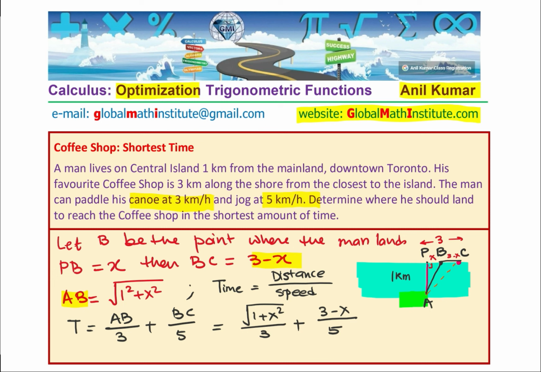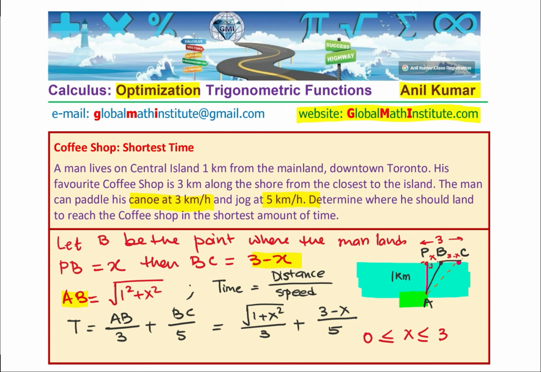Another important thing which you notice here is what could be the value of x? Well, x could be at P. At that time, x is 0. If point B is at P, x is 0. And if point B is at C, then x is 3. So the person can land right across or directly at C, which will give the value of x from 0 to 3, right?